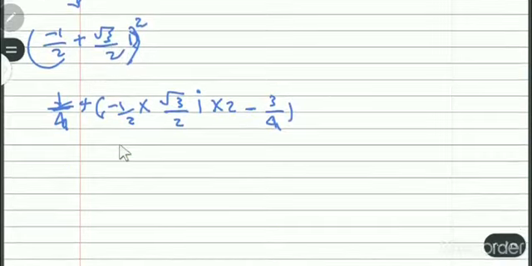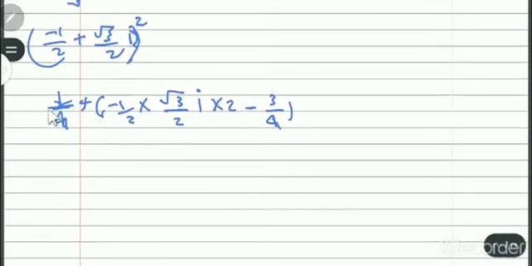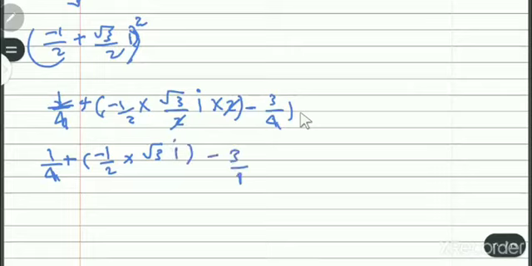Okay, now 1/4 is still as it is, and this is what's inside the bracket. So here this is 2, I can cancel it with this 2, still plus -1/2 multiplied by the square root of 3 multiplied by i, close the bracket, -3/4. Now this is a real number, and this is a real number.